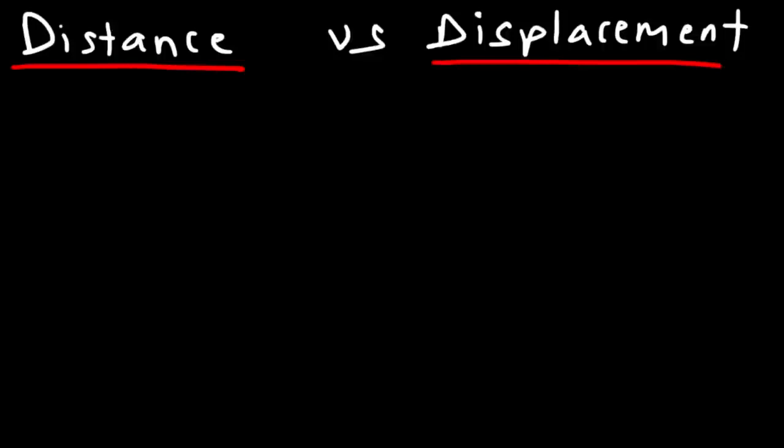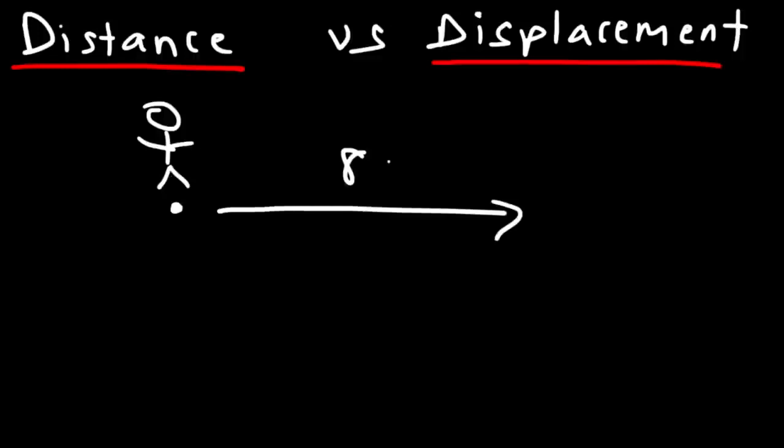So let me give you an example that distinguishes distance and displacement. So let's say if you have a person, let's say John, and he's at this position right here. And he decides to walk, let's say, 8 meters east. And then he turns in the other direction and travels, let's say, 3 meters west.